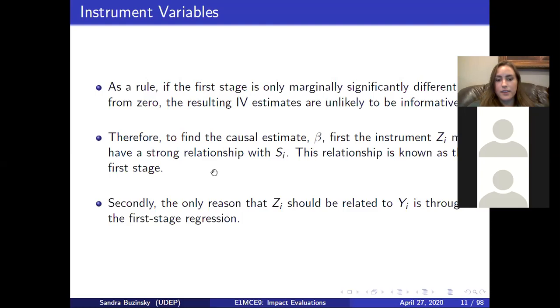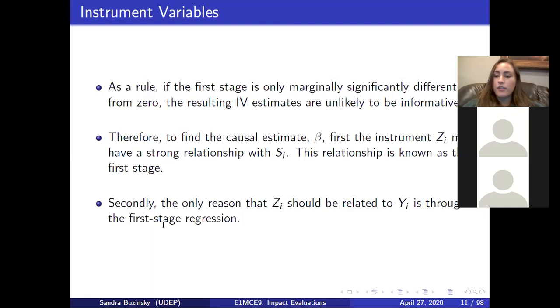And then secondly, the only reason that Zi should be related to Yi is through the first stage regression, right? So if Zi is related to our outcome variable through any other channel besides education, then that's a bias in our estimate. For the same reason that education estimate was biased to begin with. When we don't control for an effect of another variable, then it's contained in our beta. And we only want beta to tell us the effect of education on wages.